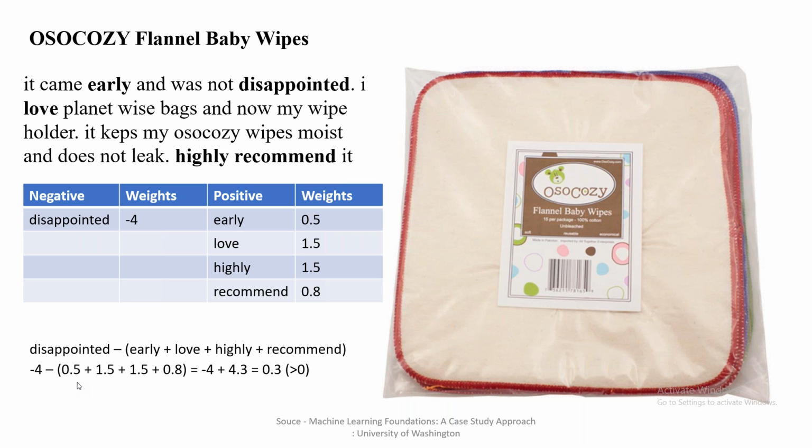In classification problems, this 0.3 is known as the sentiment score of this review. If the score is greater than 0, I will classify it as a positive review, and if the score is less than 0, I will classify it as a negative review.